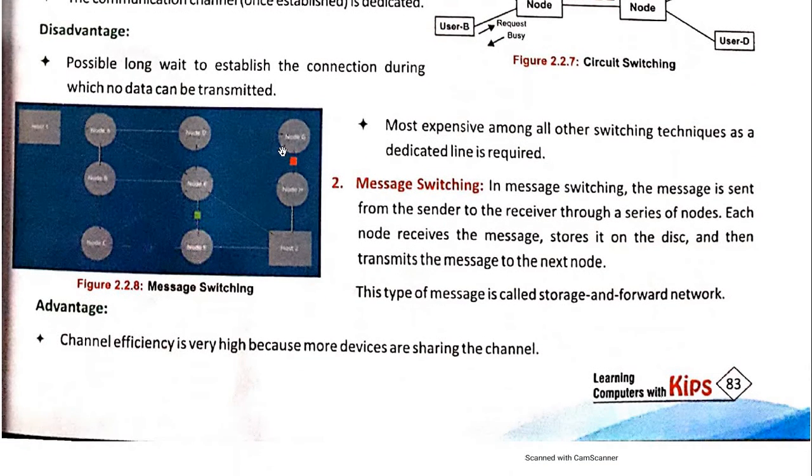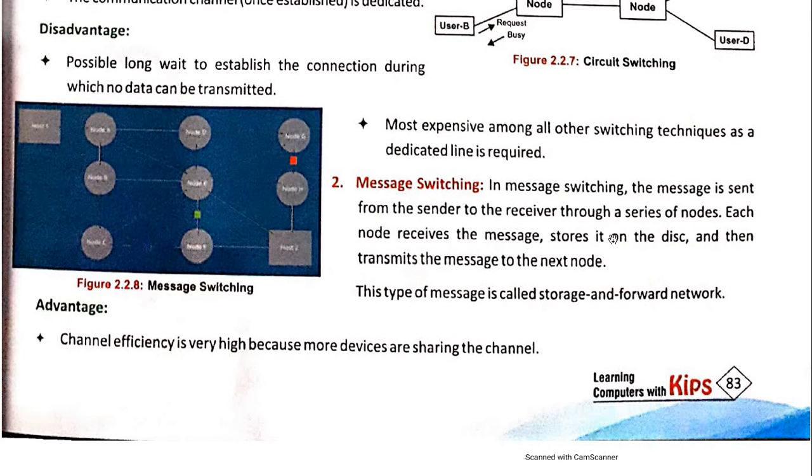But here the message travels through each node, and after checking, they pass the signals on. Each node receives the message, stores it on the disk, and then transmits the message to the next node. This type of network is called a store and forward network, meaning it stores something and then transfers it to the other node.